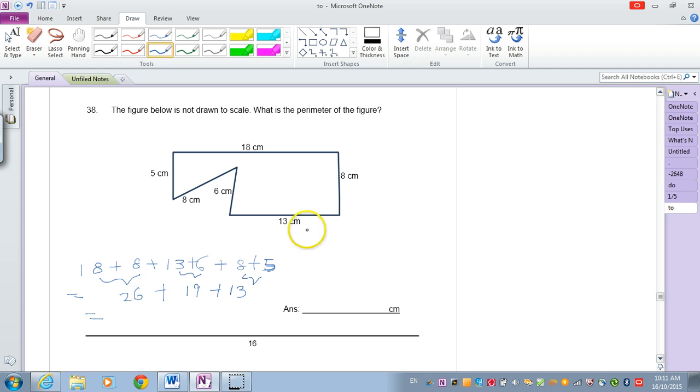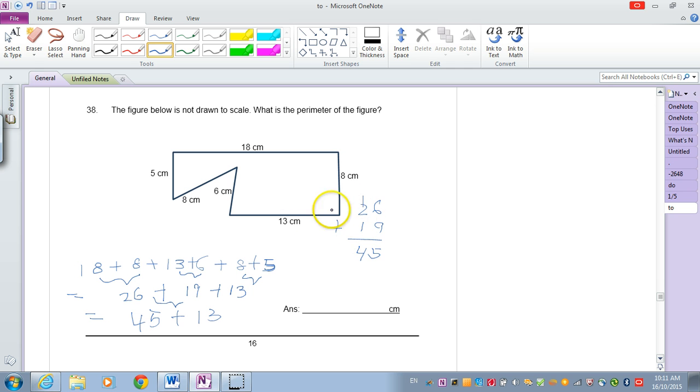So 26 plus 19. Now I need to do my working. 26 plus 19 gives me 45. So I would have 45 plus 13, because 26 plus 19 gives me 45, so plus another 13.